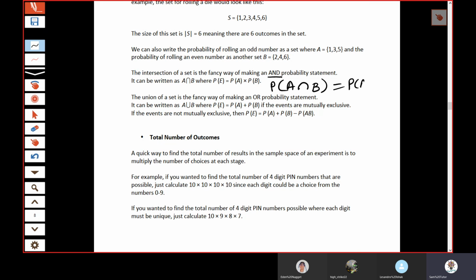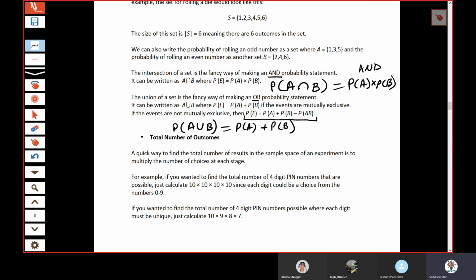That's just the same as saying P of A times P of B. That's an and. And if you have a union question like this, so probability of A union B, it just means or. So they're mutually exclusive. So that's the probability of getting an A or a probability of getting a B. And if they're not mutually exclusive, that means there's an overlap. You do what we just did above.